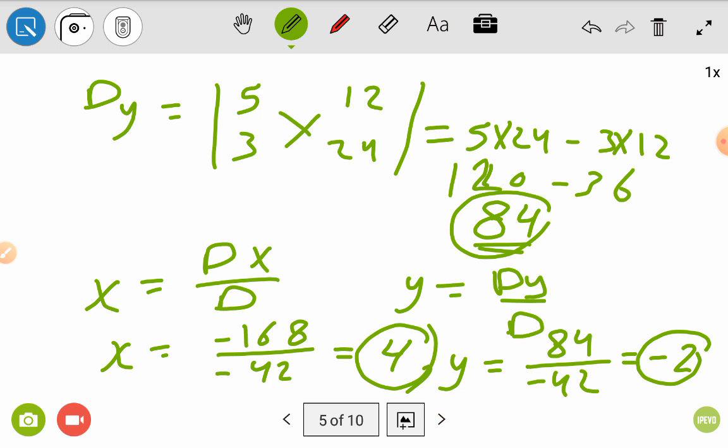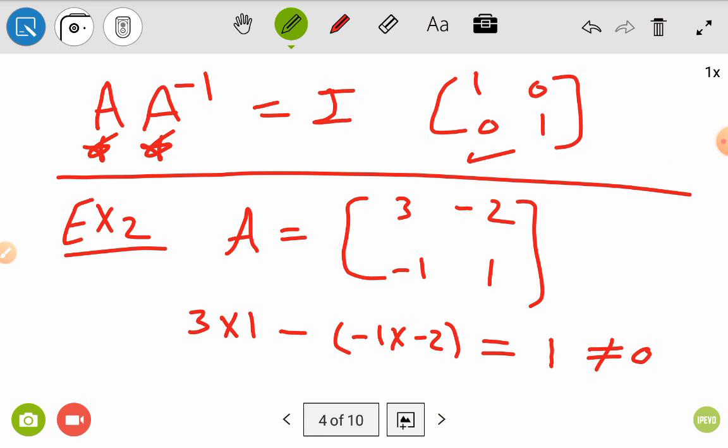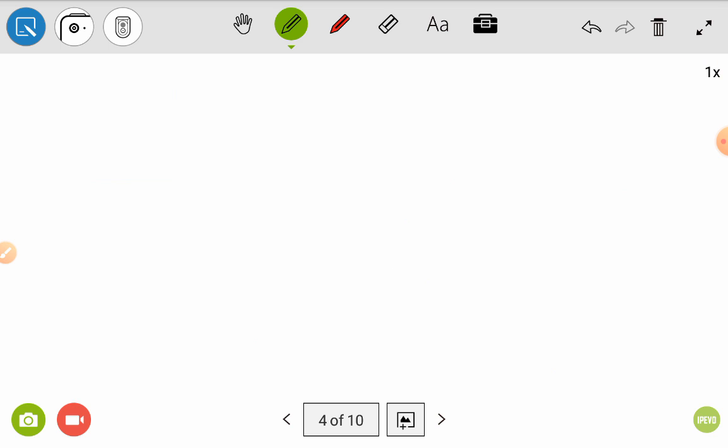By the same way, if you have any linear system consisting of 3 variables, you can also get the solution set to this linear system by using Cramer's rule.